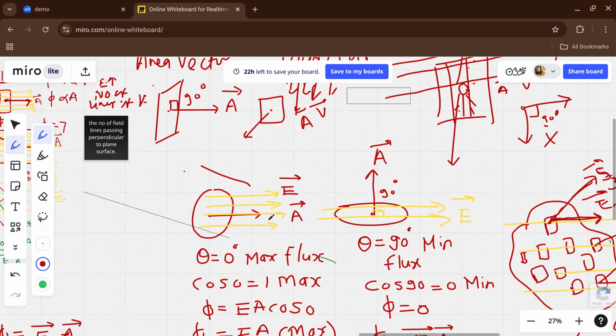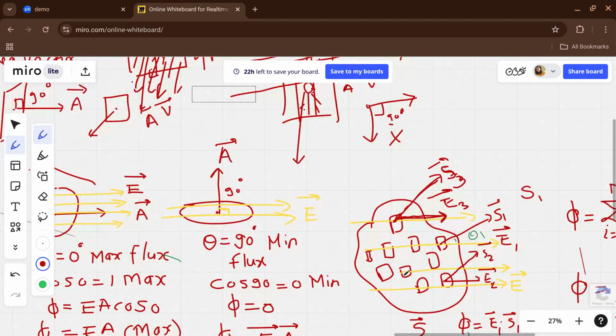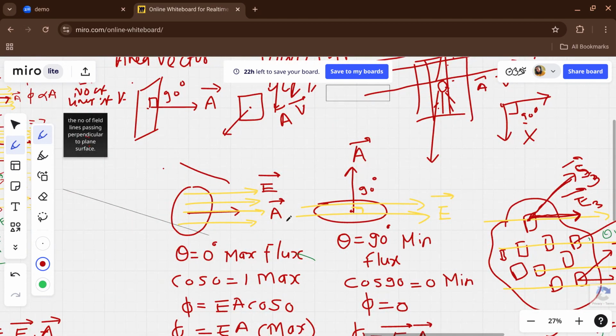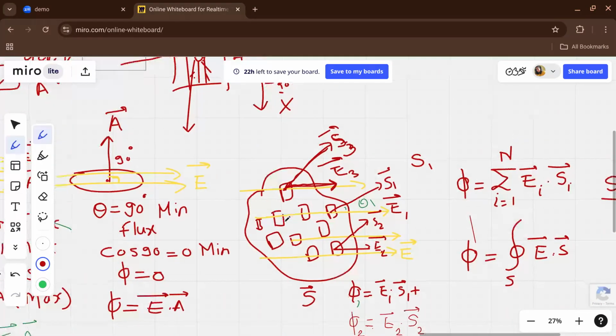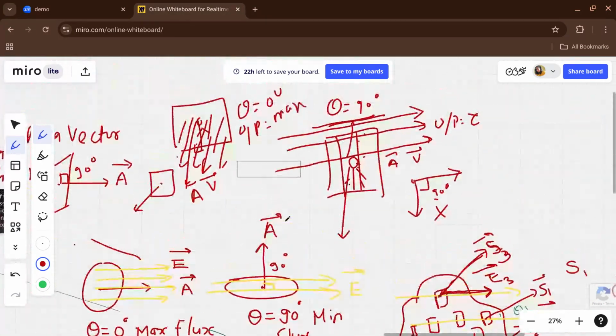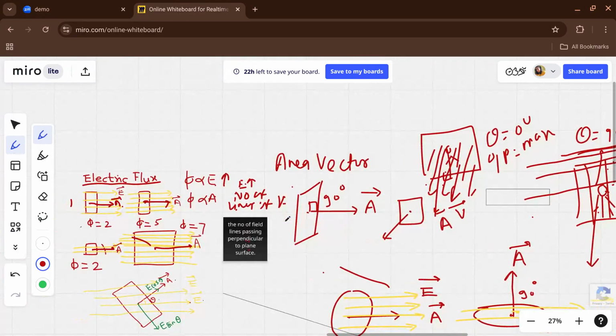Lines of force are exactly perpendicular to the surface, and we know the perpendicular component is the area vector. So if both are in the same direction, we're going to get maximum output, maximum flux. And if they are perpendicular to each other, we're going to get minimum flux. And in general, if they are inclined, it is E bar dot A bar. This is how electric flux can be calculated.